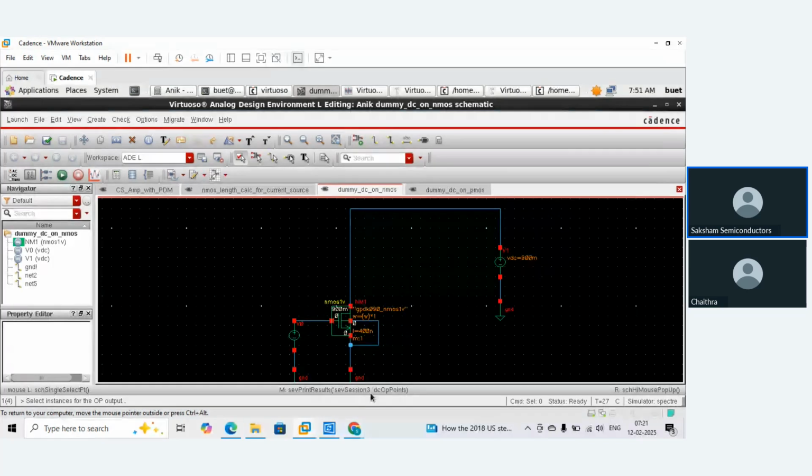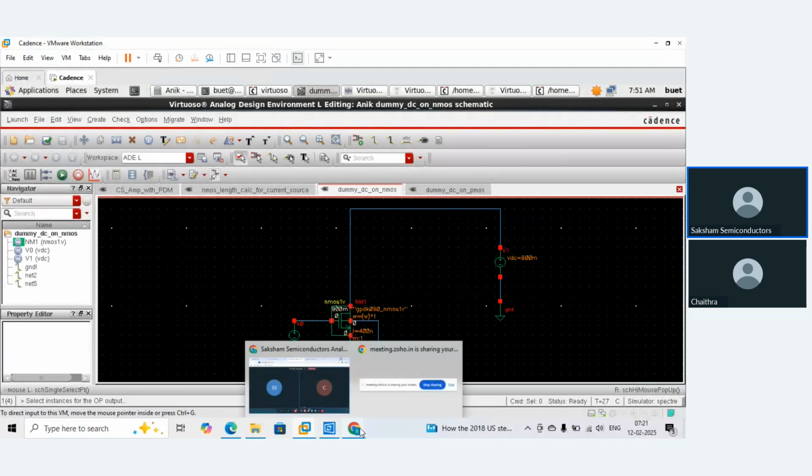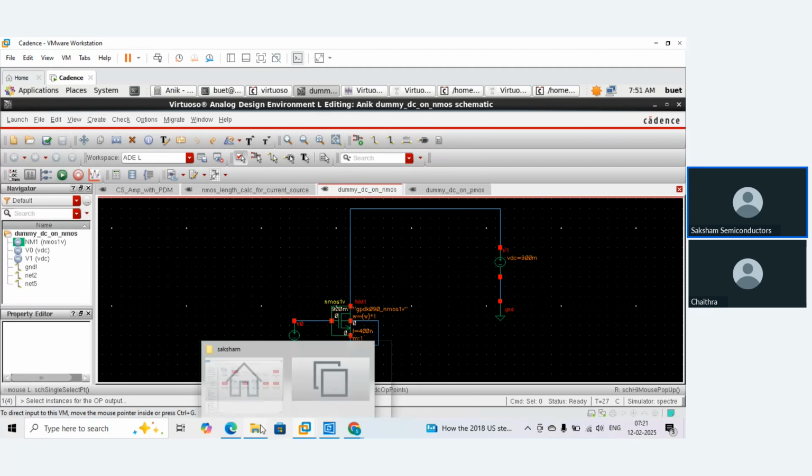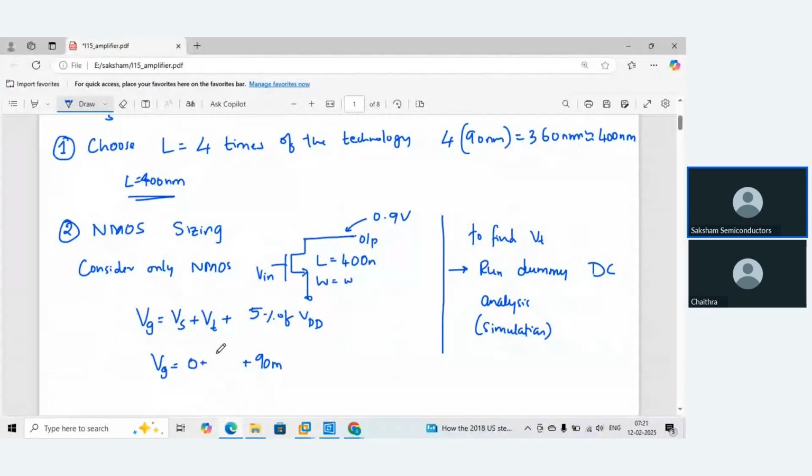Now let's get into over here. I see that VTH, that is Vt, is equal to 200 millivolts. So that 200 milli, I'll put it over here. Based on that, my Vg would be equal to 290 millivolts.